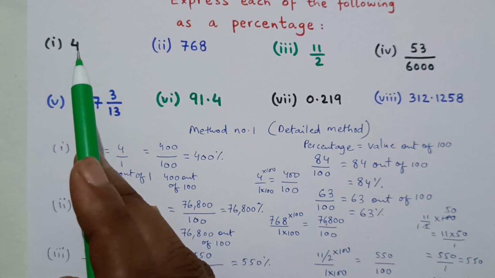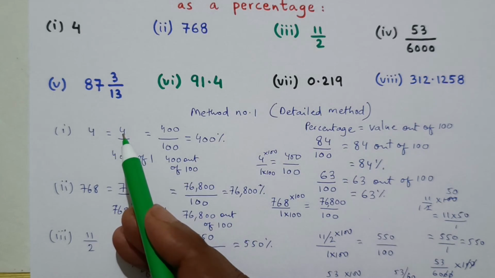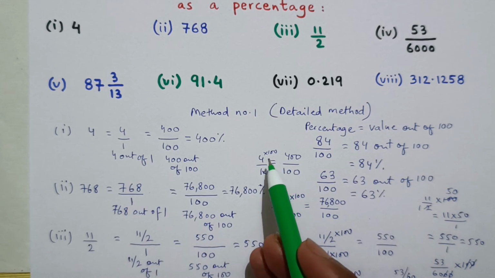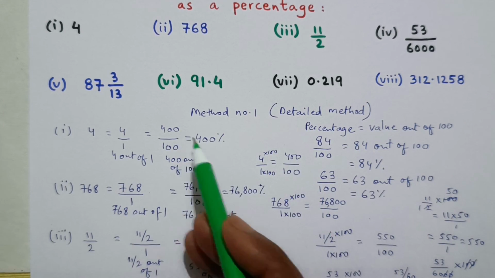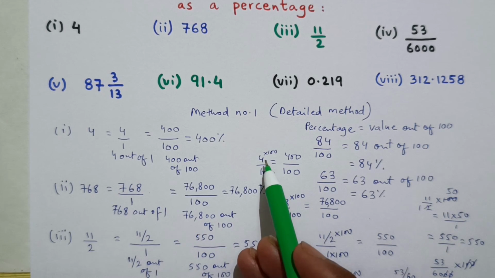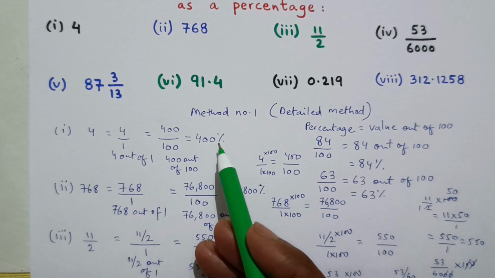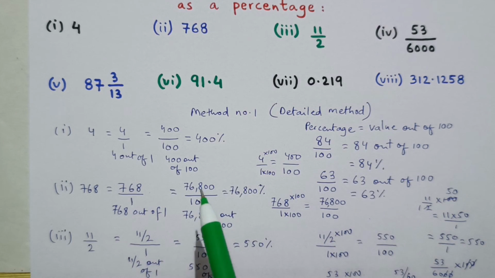So 400 percentage is the answer of question number 1. We multiplied 4 by 100, we got 400, so it became 400 by 100, so 400 percentage. So multiply the number with 100, whatever value you get, that is the percentage.